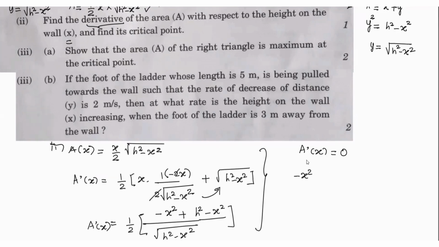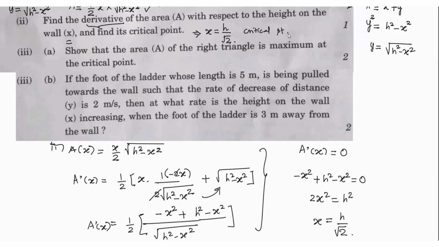So minus x square plus h square minus x square is equal to 0, or rather 2x square is equal to h square. x is equal to h divided by root 2. x cannot be negative, so I'm ruling out the minus case. So x is equal to h divided by root 2. That is the critical point.